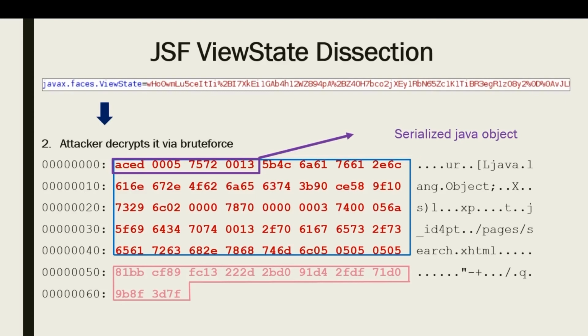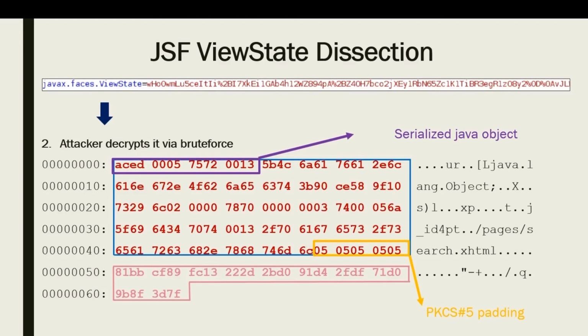Basically, the encryption key is found when the targeted encrypted block will decrypt to the byte sequence ACED 0005 7572 0013, with ACED 0005 indicating the presence of a Java serialized object in there. Also, at the end of the decrypted view state are clearly visible the PKCS 5 padding bytes applied to the message.